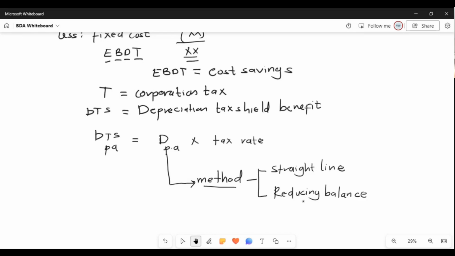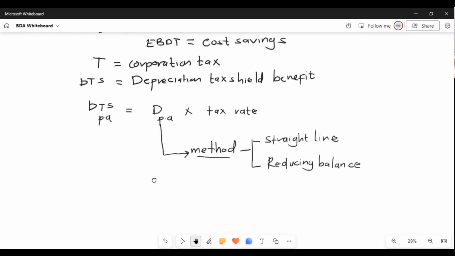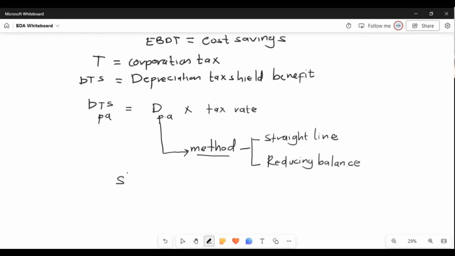We are using straight line method of charging depreciation.